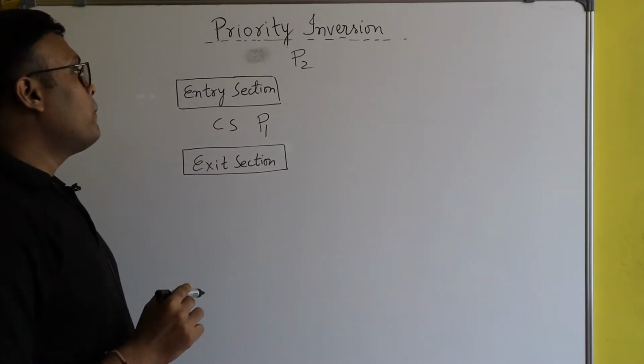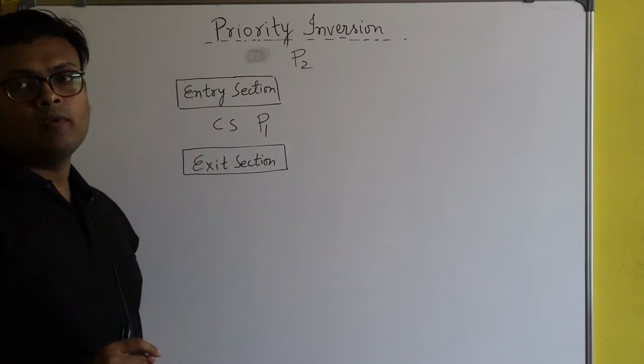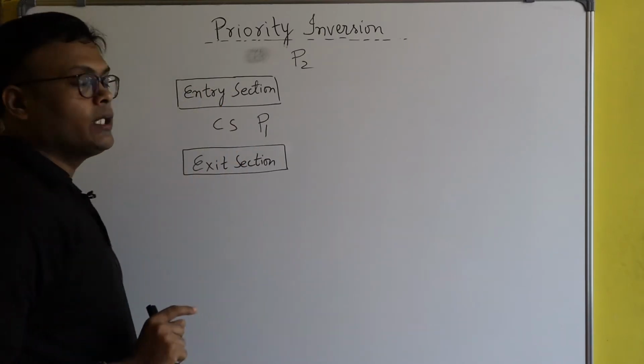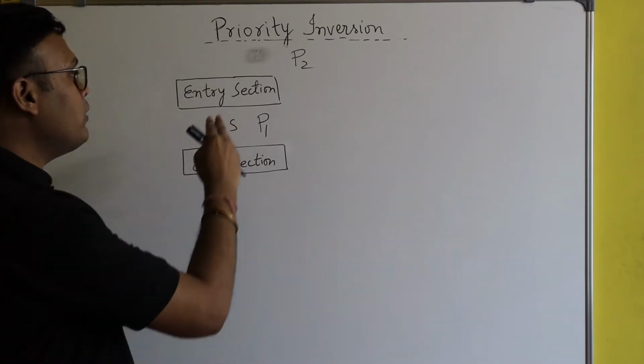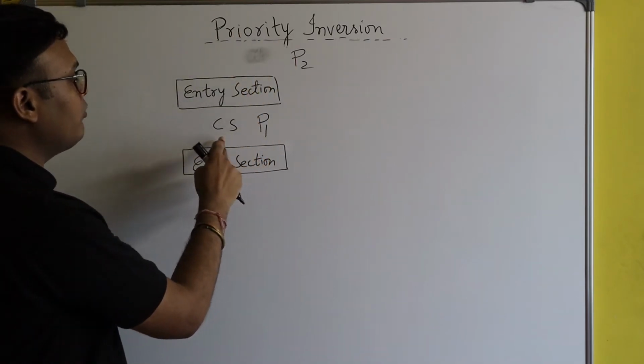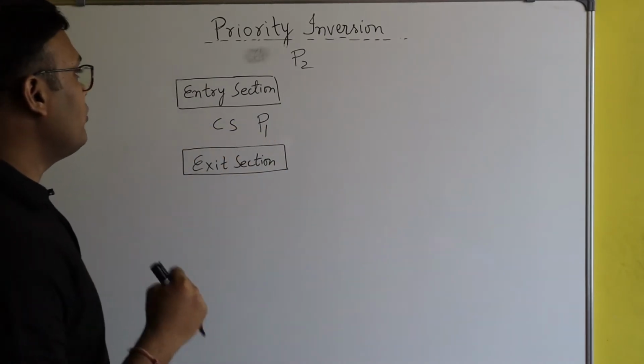But we know that the code in the entry section, as we have seen with the test and set instruction, is written in such a way that it will not allow another process to enter the critical section if one process is already present inside it. So what will happen?